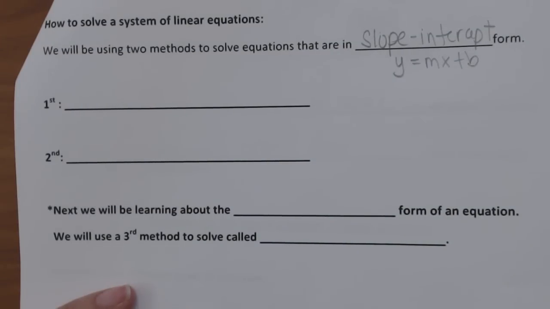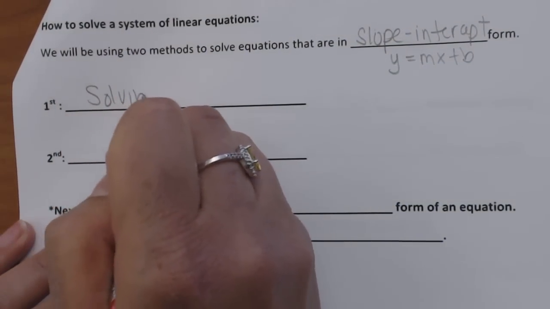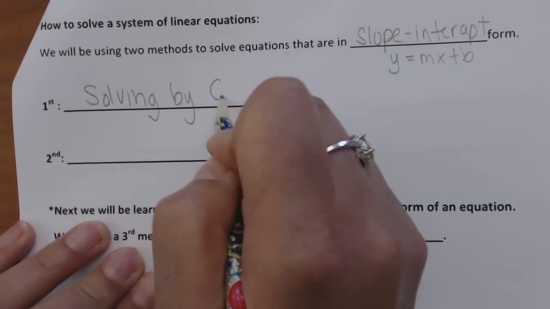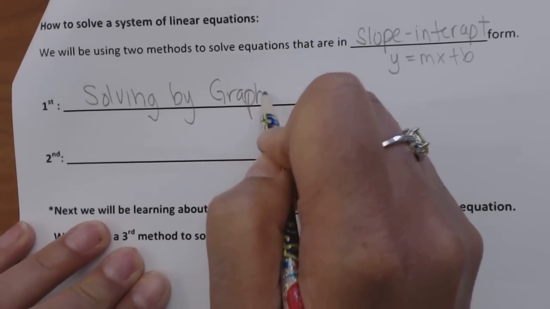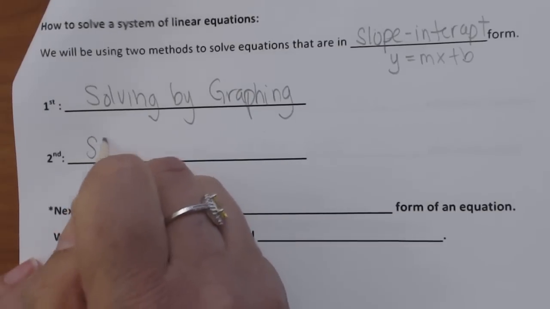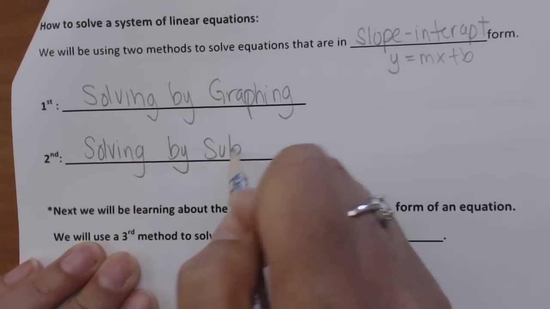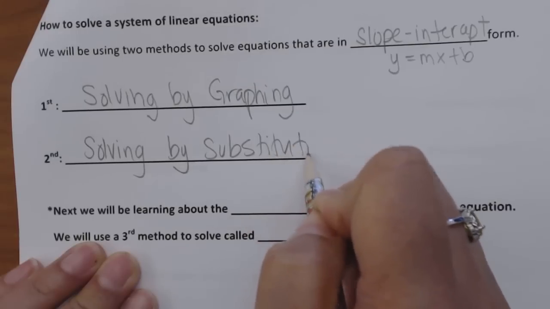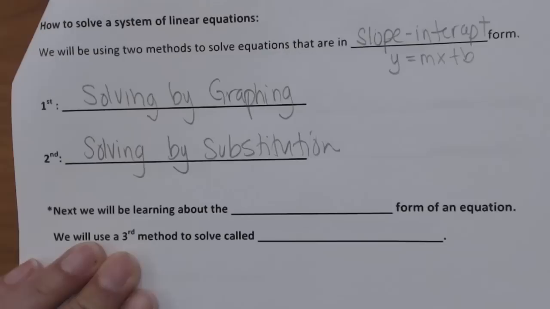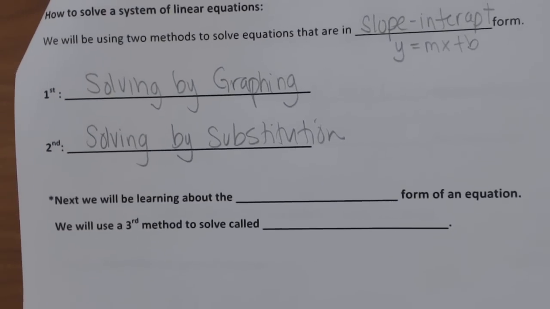The first way that we're going to be solving a system is solving by graphing. The second way that we're going to be solving is solving by substitution. I will have videos on both of those, and you will get practice sheets on both of those.